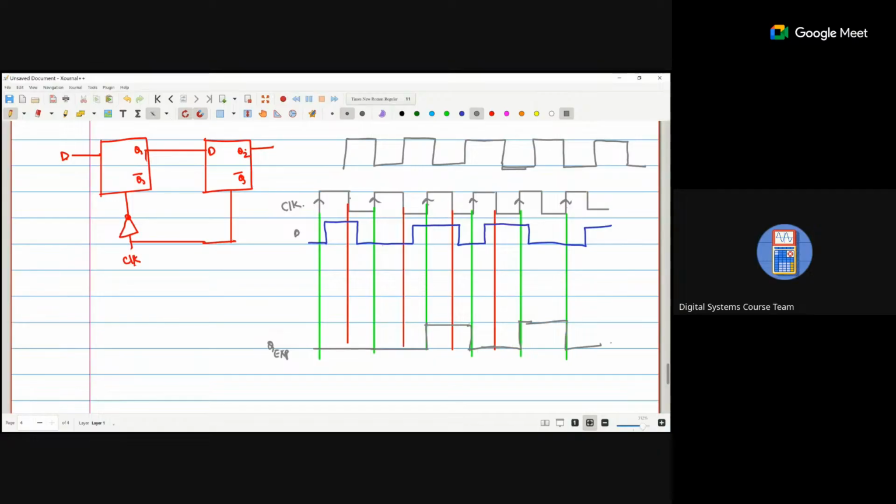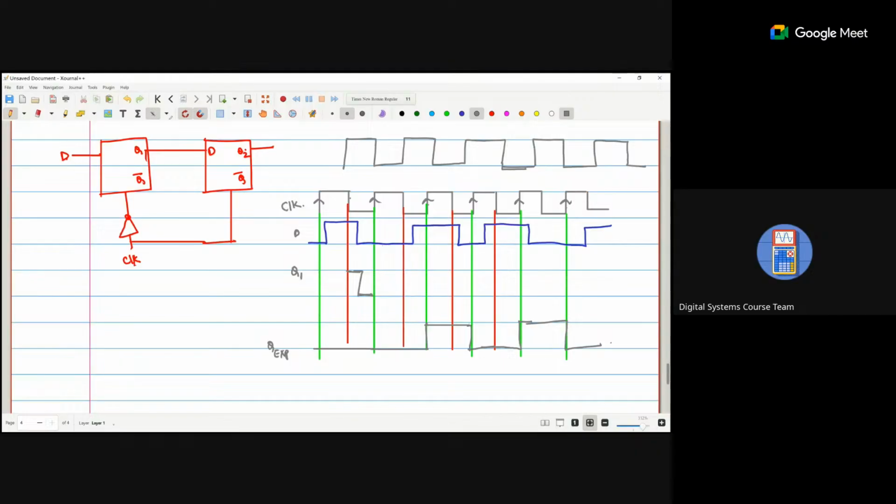Now we check whether my Q2 is equal to the expected or not. So I first take Q1. Q1 is negative level triggered, so the negative level is here, going from 1 to 0.